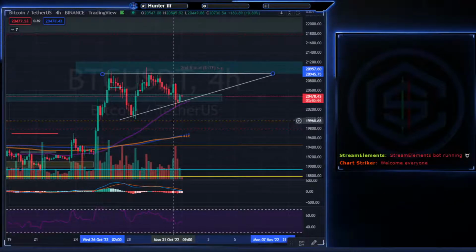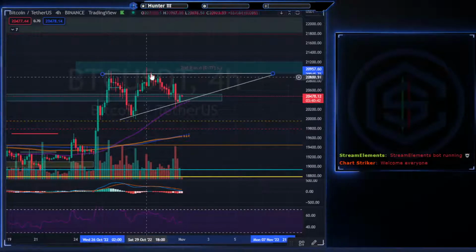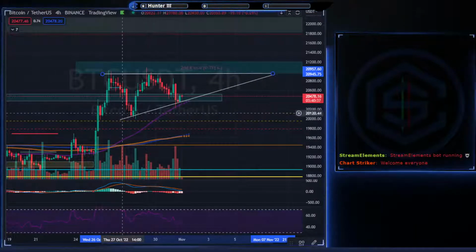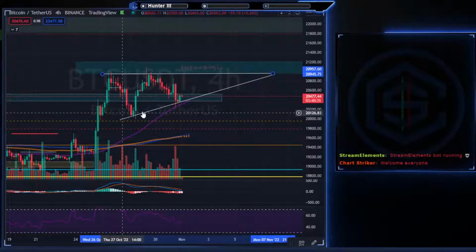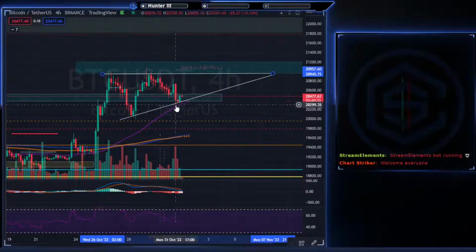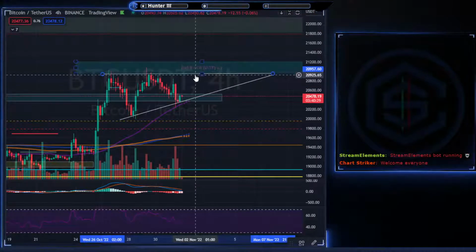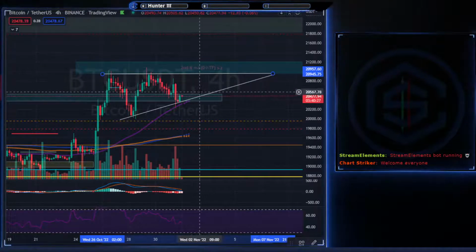Okay. So we can have this type of action where we are holding, using this trend line as support, okay? Maybe come back and test this level again and come back for another touch.